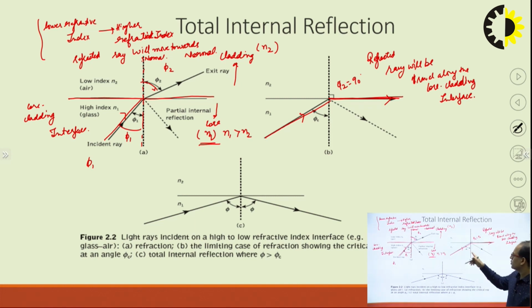Clear? So that incident angle is known as the critical angle. That incident angle phi 1 becomes the critical angle.